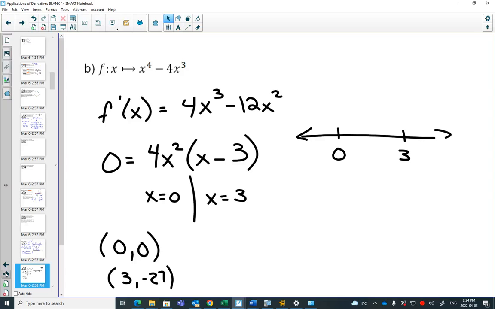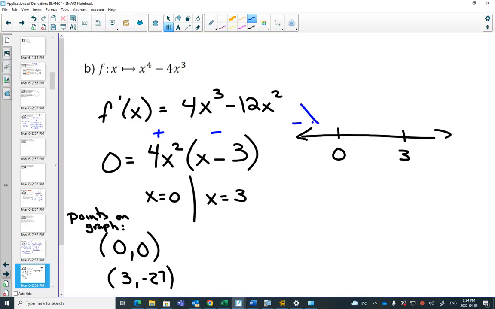To find the actual points we plug into the original equation. These are points on the graph, right? And anytime you're finding points on the graph, you're always plugging that x value back into the original equation. When you're trying to find out where your graph is increasing and decreasing, I'm going to plug in negative 1 into my derivative.